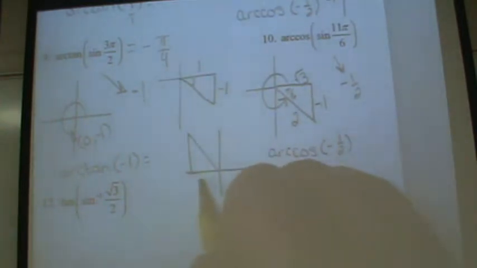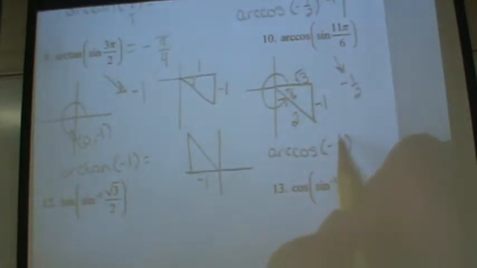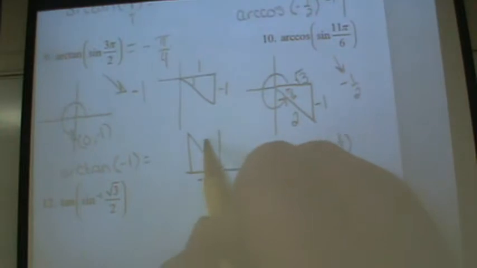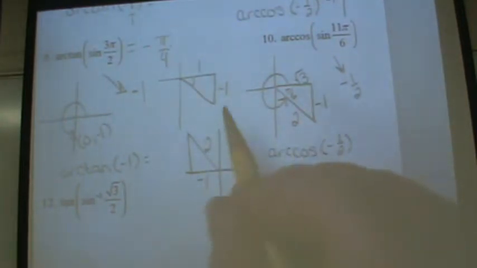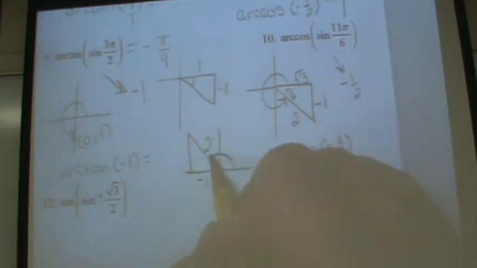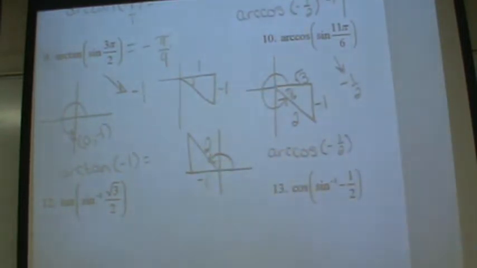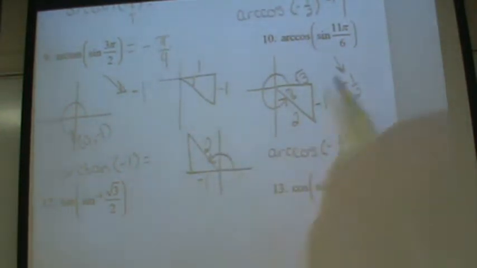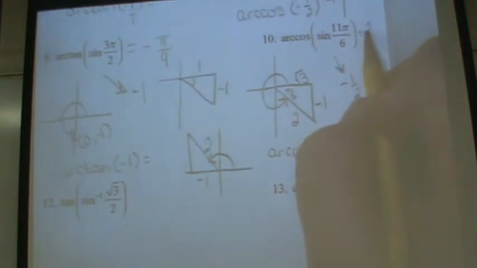So we have adjacent over hypotenuse for cosine. And again, for the arc cosine, you measure from your 0 and you're going into the second quadrant. So that's going to be one of those bigger angles. So again, we get 2 pi over 3.